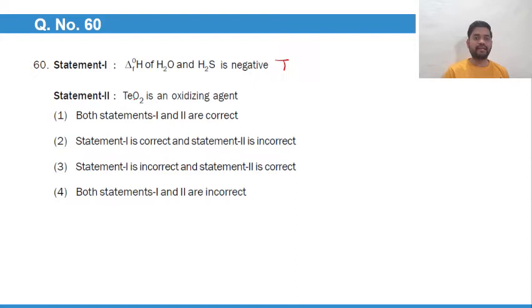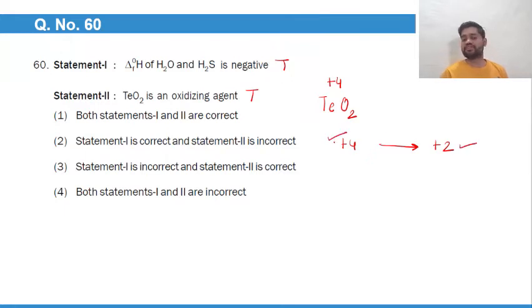Negative. Second, TeO2 is an oxidizing agent. That is also a true statement. Okay, why is it an oxidizing agent? Because in TeO2, the oxidation number of tellurium is +4. Whereas in oxygen family, care must be taken that from +4 to +2, if you come top to bottom, the stability or the formation of lower oxidation state increases and the formation of higher oxidation state decreases.